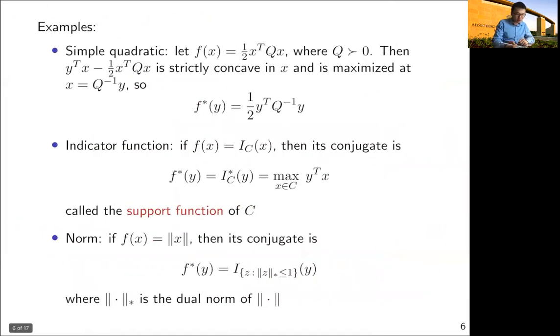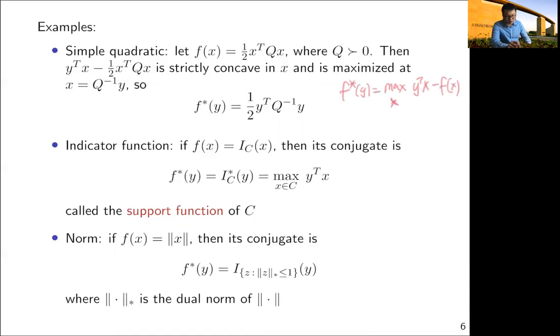Okay. So let's work out a couple more examples about this Fenchel conjugate. Let's start with the simple quadratic function, and just work out the maths to convince you that often this is something you can calculate. So again, f star of y by definition is equal to the max over x of y transpose x minus f(x). Since f is a convex function, minus f is a concave function.